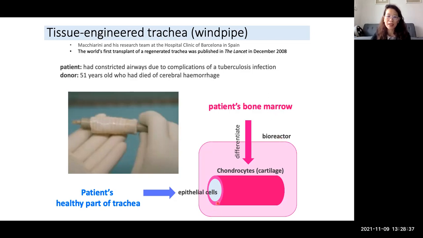But I want you to focus on this one first, because when we take the cell from the patient directly, we seed it back into the scaffold right away. But with this one, we have to make them transform. We use the word differentiation. You may have heard about it when you read the papers. So it's not cartilage at the beginning, it's something else. It's the stem cell, and then we transform them to be other cell types. Yeah, so the primary cell is just this one from this project, from this tissue engineered trachea.